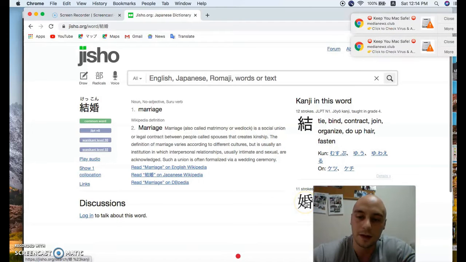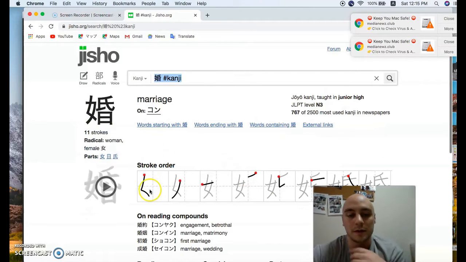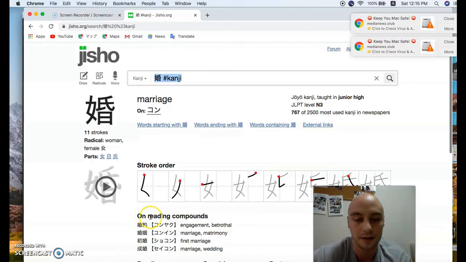And if you take a look at the word, the kon in kekkon, you're going to see some other words like konyaku. So the kon, when you hear that kon and in conversation you're talking about marriage, you can almost immediately visualize it.